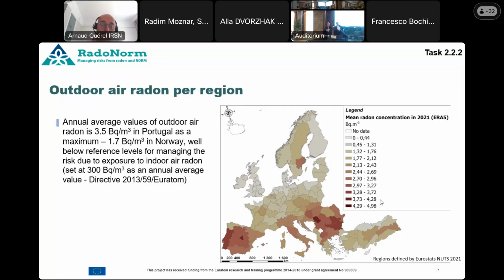And at the opposite, some regions have very low air concentration during the year. But finally, even for the highest region, the air concentrations are very far below the 300 becquerel per cubic meter average value. So as it was said before, the outdoor air concentration is absolutely not a concern for the health.